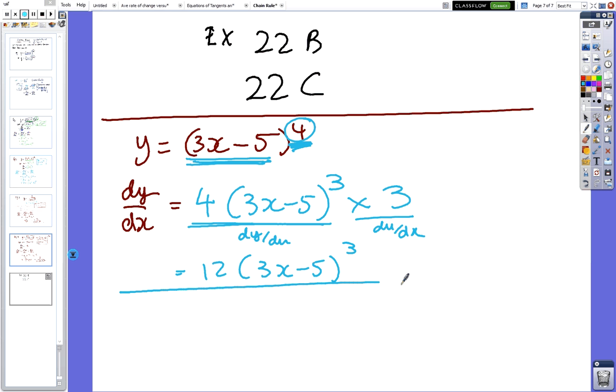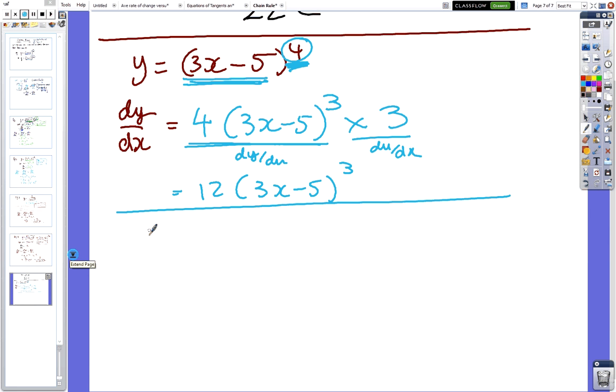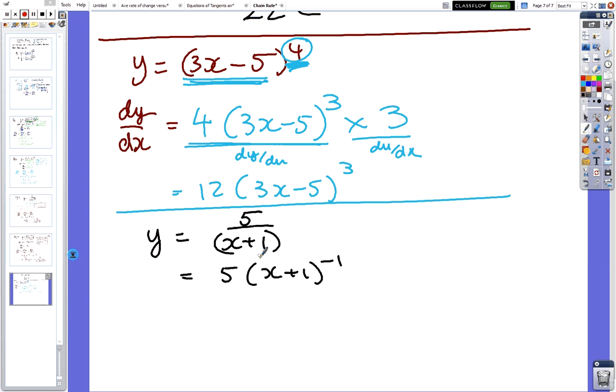Okay, we'll do another one with a shortcut. So we've got y equals 5 over x plus 1. That's going to be 5 times x plus 1 to the power of minus 1.